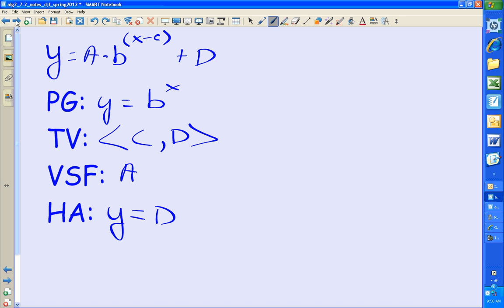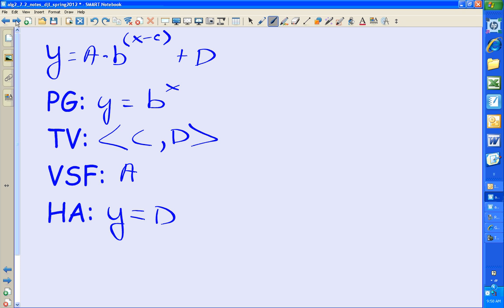The parent graph, again from Friday, is y equals a b to the x minus c, plus d. I left out the horizontal stretch factor on this. We'll put it in when we need it. So b to the x is still your parent graph. c comma d is still your translation vector.